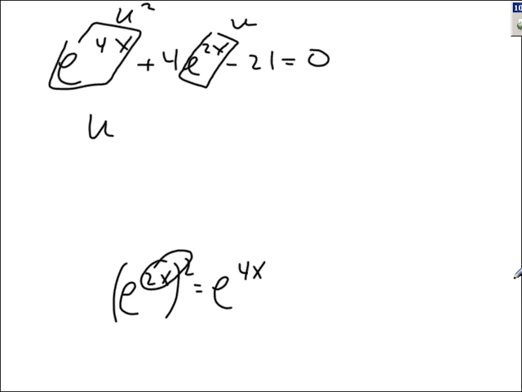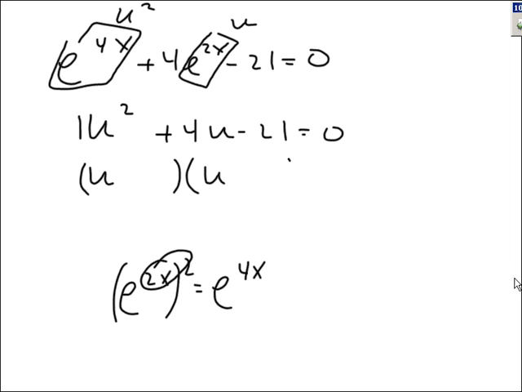So, let's try to solve u squared plus 4u minus 21 equals 0. Since it's now 1u squared, we can try the game: u followed by a number times u followed by a number. The two numbers should multiply out to negative 21, but add up to 4.